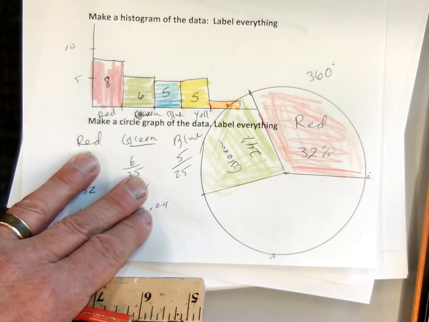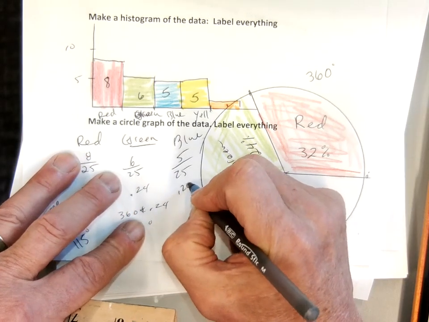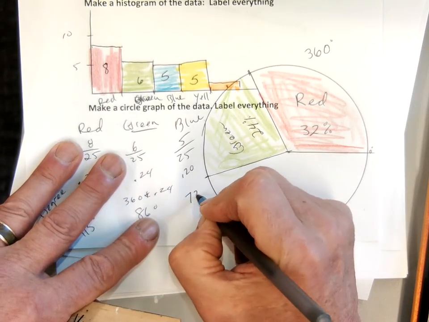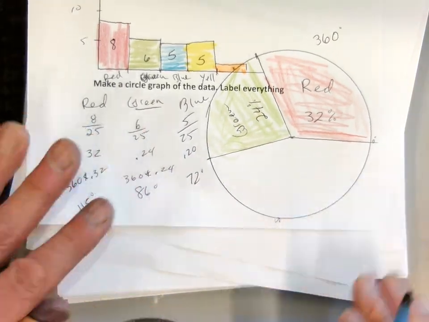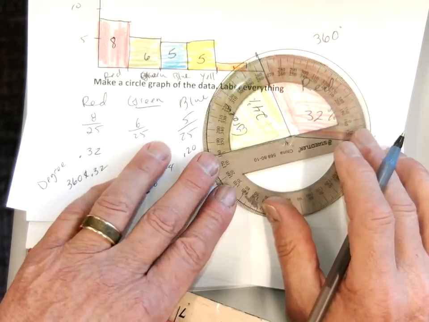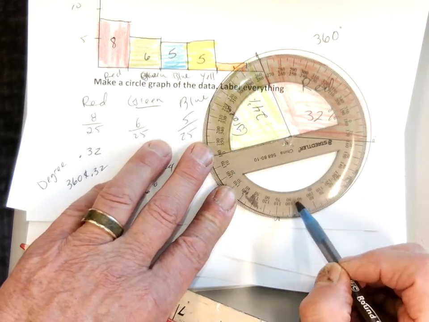Then blue. Blue is 5 out of 25. 5 out of 25 is 0.2 or 20%. Times that by 360 and I get a 72-degree angle. Now watch. I can put my protractor like this. Now it looks upside down, but here's the line I'm starting with. Then I go this way.